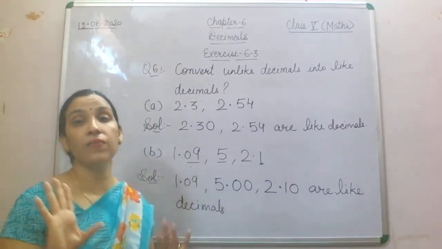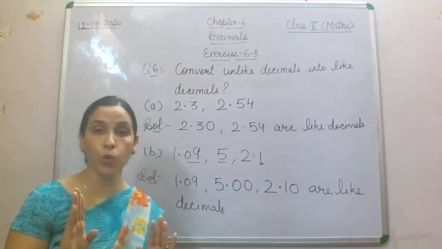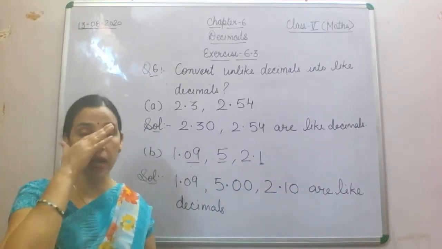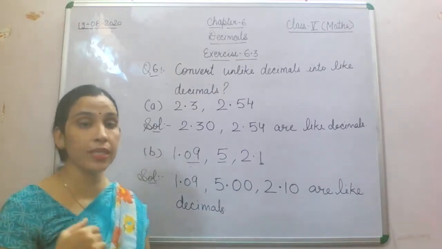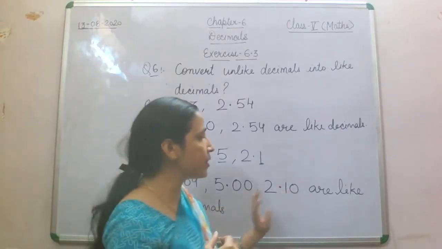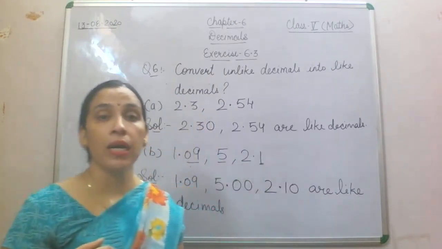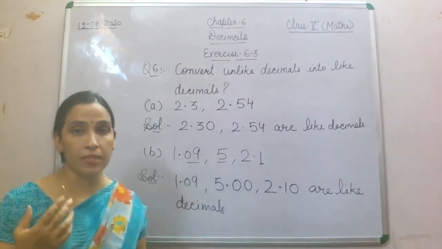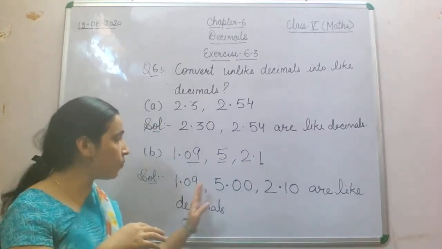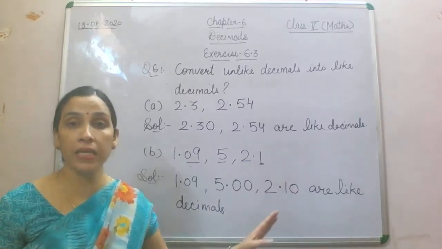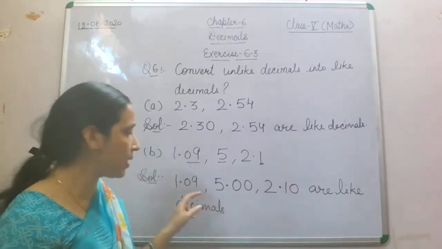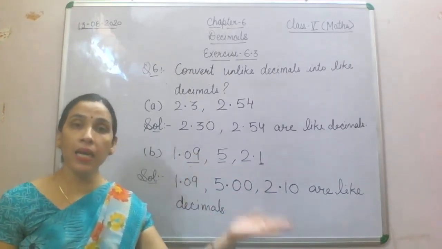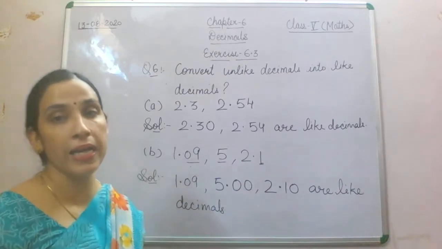You will do this with every whole number. Whenever you are given a whole number, simply put a point there, and after the point add zeros, and then 2.10 will be there. These are like decimal numbers. Now when we are making the same decimal places, we can see 2, 2 and 2, so the unlike decimal group has been changed into a like decimal group.